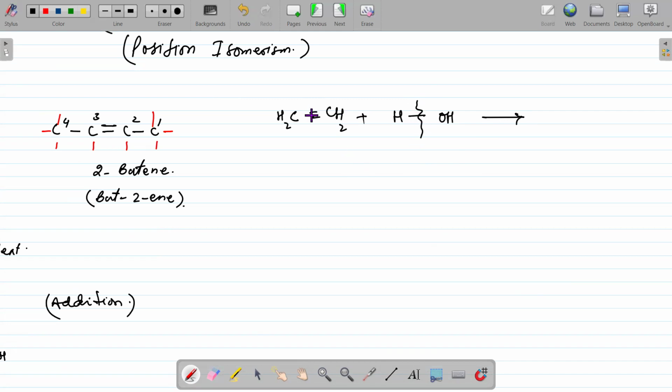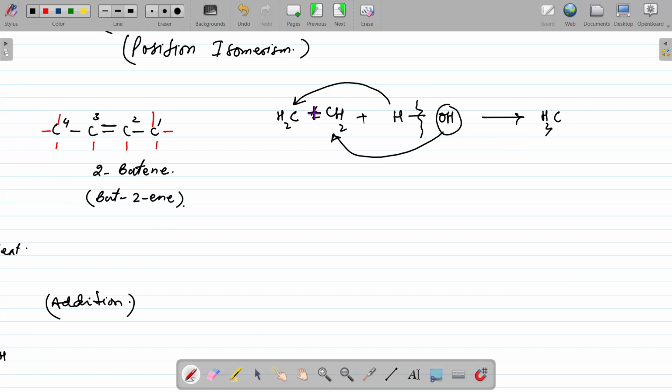So one of the bonds will break, and I have broken the water molecule into two halves. One part of the water, a hydrogen, goes to one carbon, and the other part of the water goes to the other carbon. And after addition, you will see it will become CH3, because earlier there were two hydrogen atoms, but now here we have three hydrogen atoms, right?